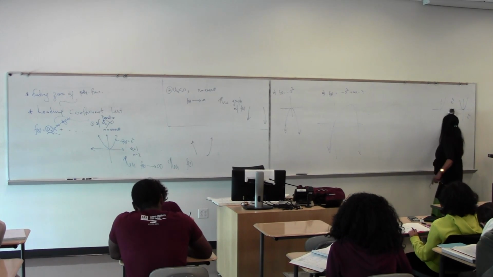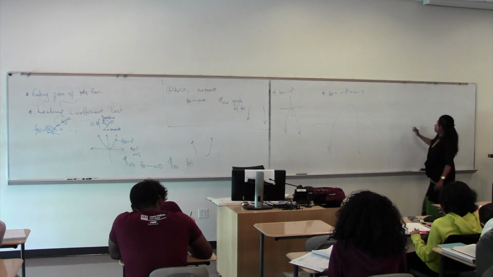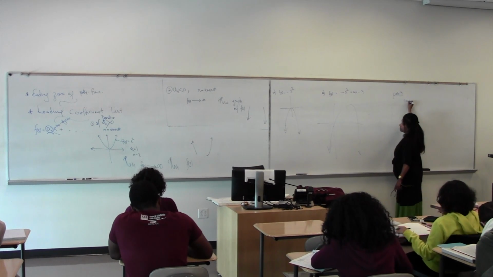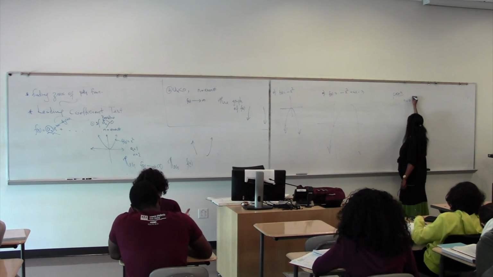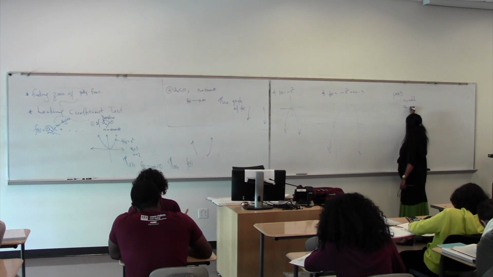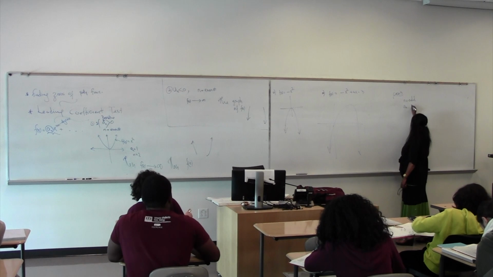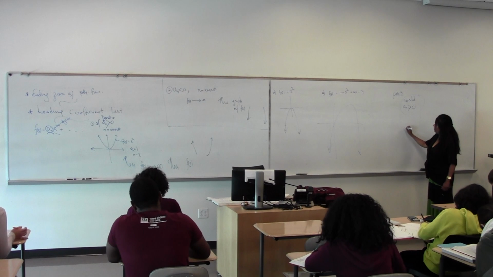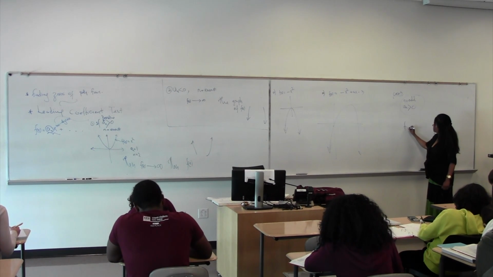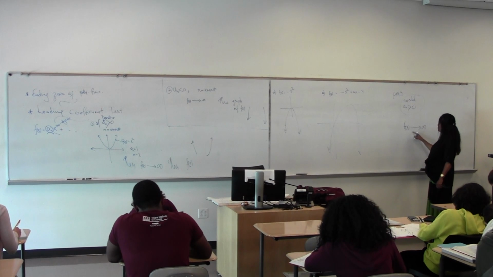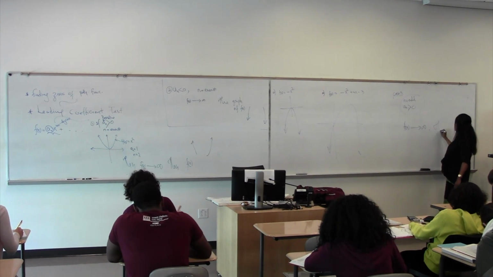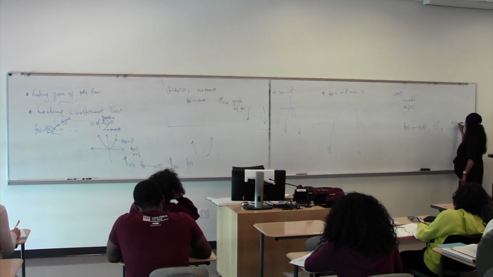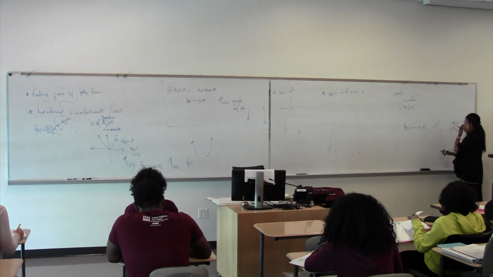Now what can be case 3? n is odd and n is greater than what? Positive, right? Greater than 0. If this is the case, then the end behavior of the graph, when f of x approaches infinity, the ends of the graph go up.